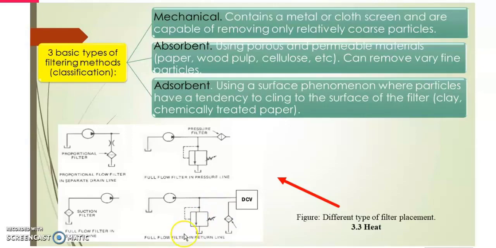Actually, in general, there is no best single place to put the filter. We can consider where dirt enters the system and put the filter where it does the most good.